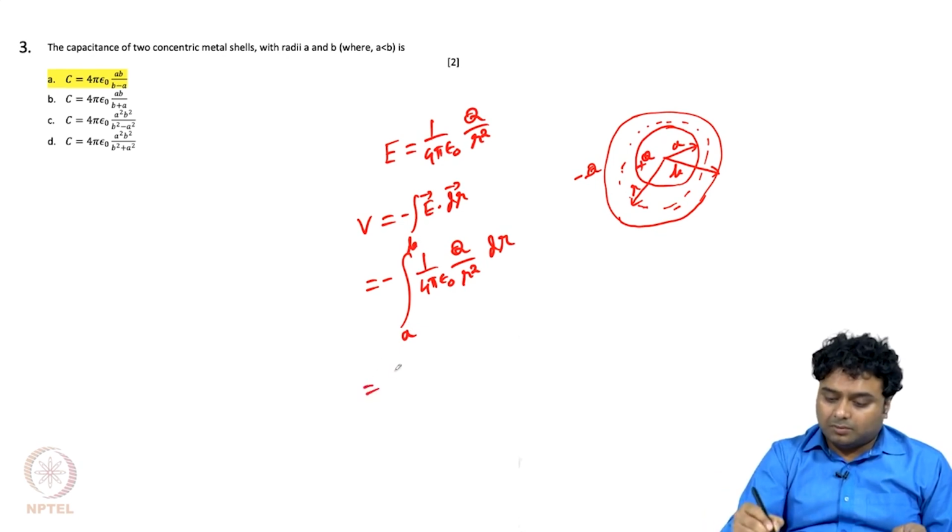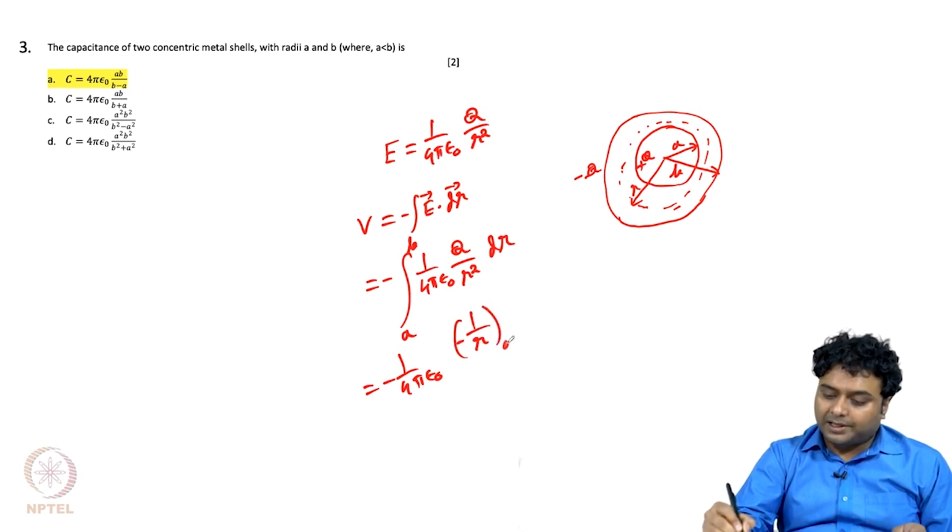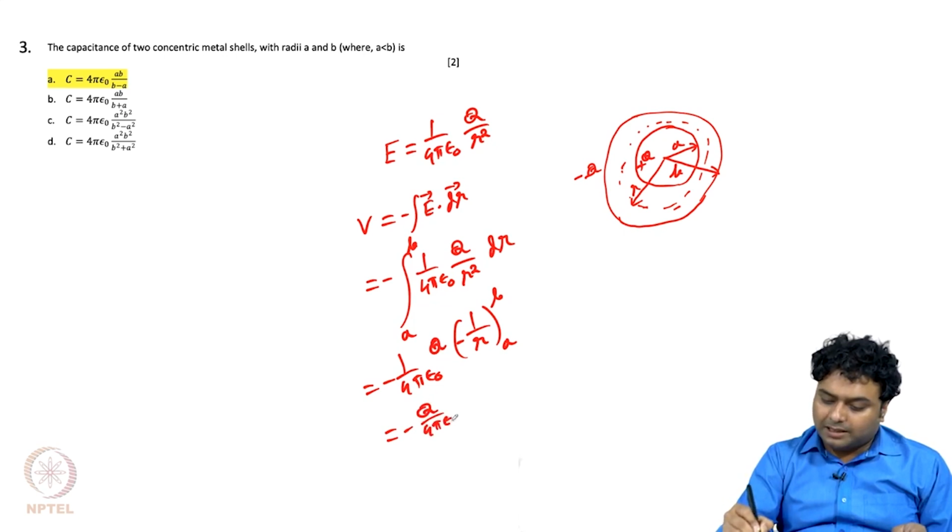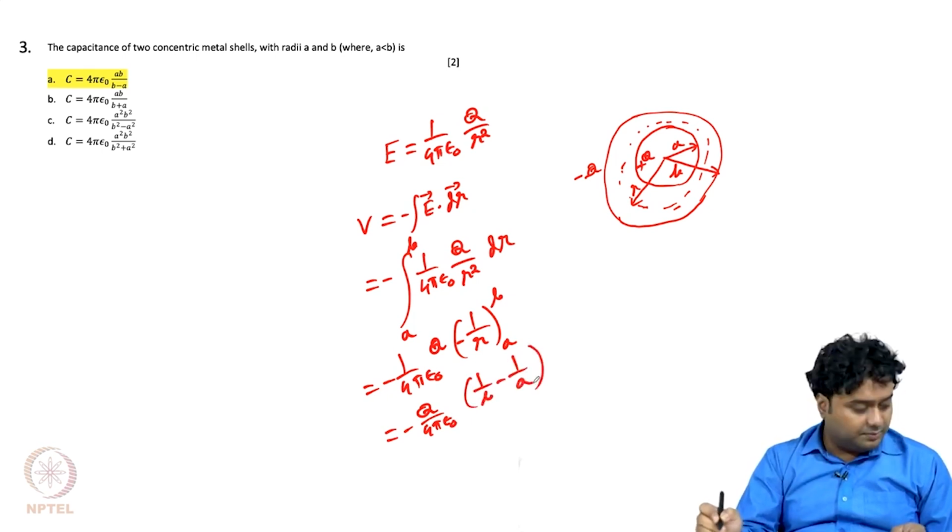So we take 1 by 4 pi epsilon naught, and 1 by r square becomes minus 1 by r after integration, minus 1 by r from A to B. So the negatives cancel out, then you get, oh there is this q also, so minus of q by 4 pi epsilon naught into 1 by b minus 1 by a, simple integration.